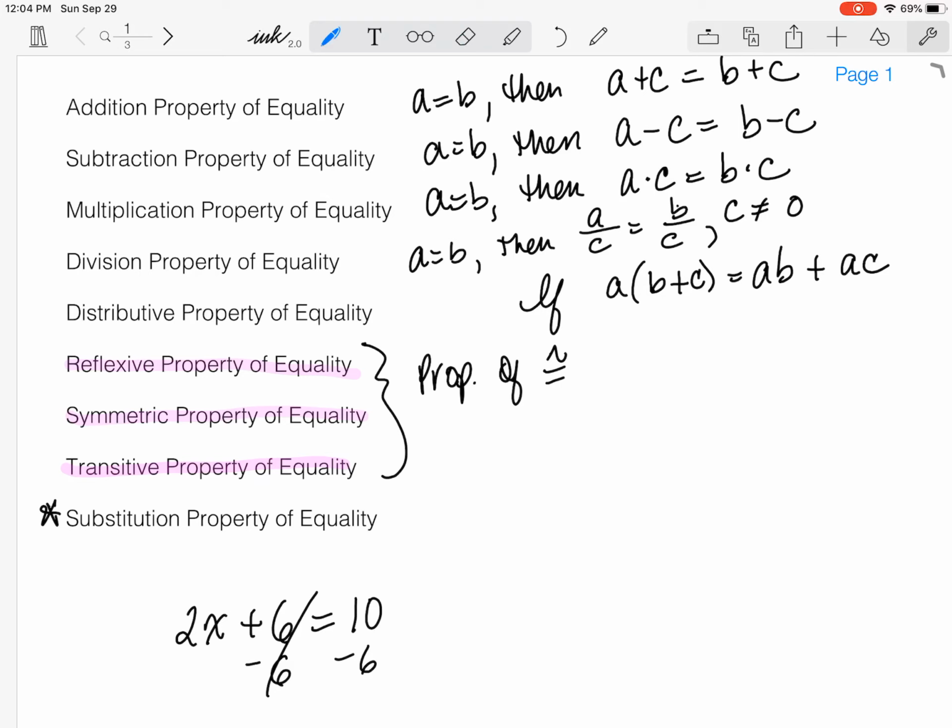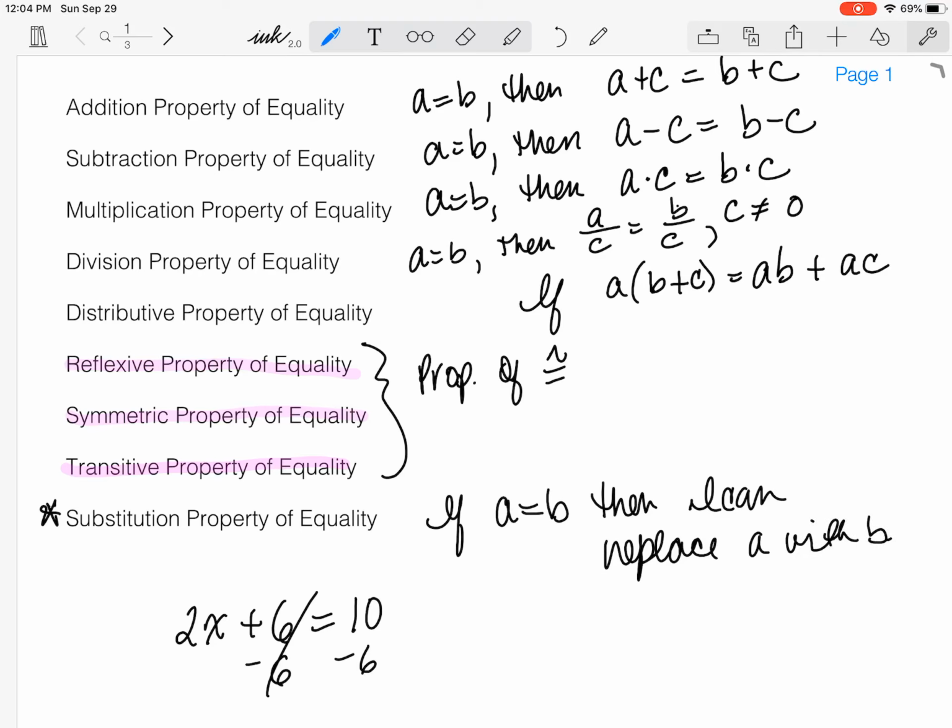Oh, and down here is substitution. All that says is that if A is equal to B, then I can replace A with B.